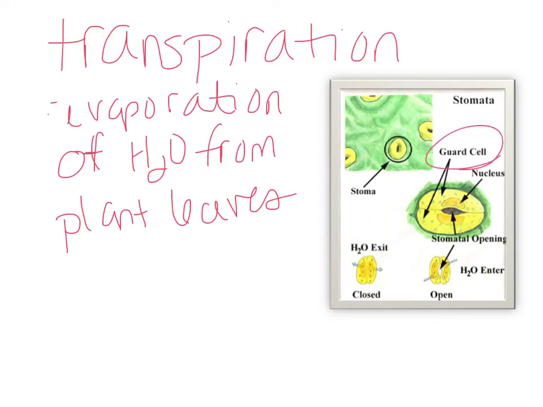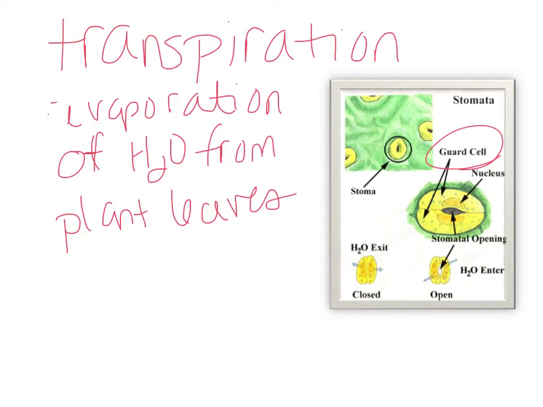Remember, the potassium goes in and out of the guard cell and the water follows it. The guard cell is open when it's turgid. The stomata is open, the guard cell is swollen, and so it opens up that stomata. When it is less turgid, when the water leaves the guard cell, it shuts down and closes that stomata.